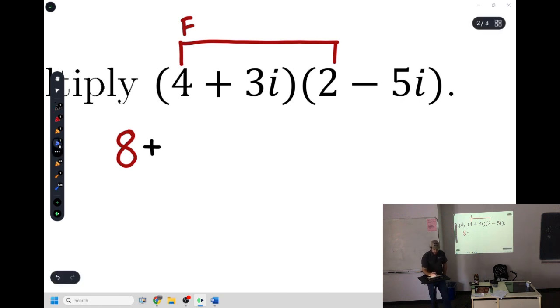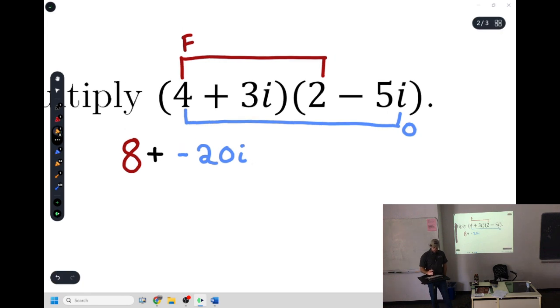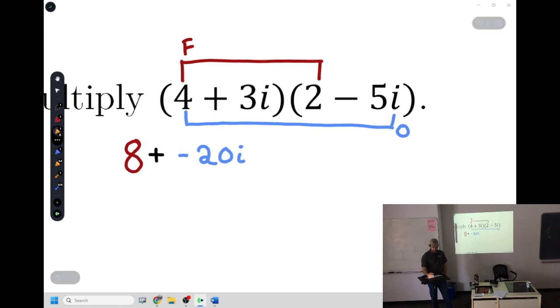Next one. Now we look at it like a sandwich. We're looking at the outside of the sandwich, or the bread, the 2 farthest outside things. And that's going to be negative 20i, right? Now we keep looking at it like a sandwich, and we're going inside. This is where we get that word foil from all the time. The inside of the sandwich gets multiplied.